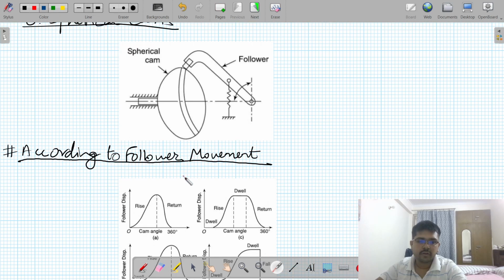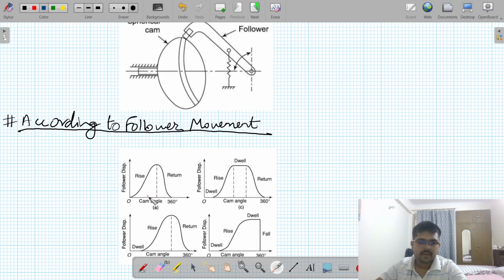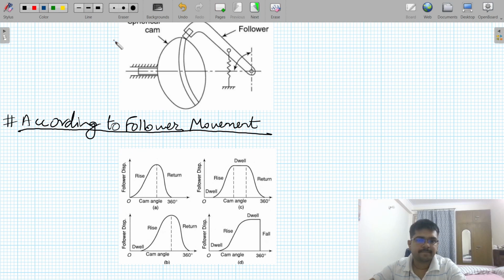Now according to follower movement, cams are classified. The nomenclature used here is, let me write this down.